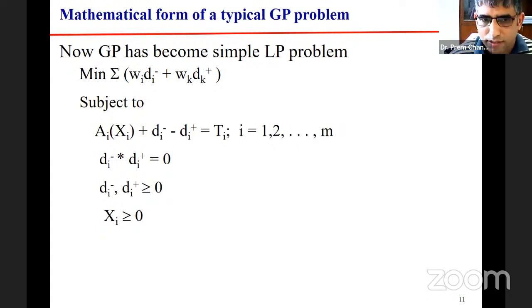The d plus and d minus are non-negative, and of course the decision variables are also non-negative. We cannot accept negative allocation.